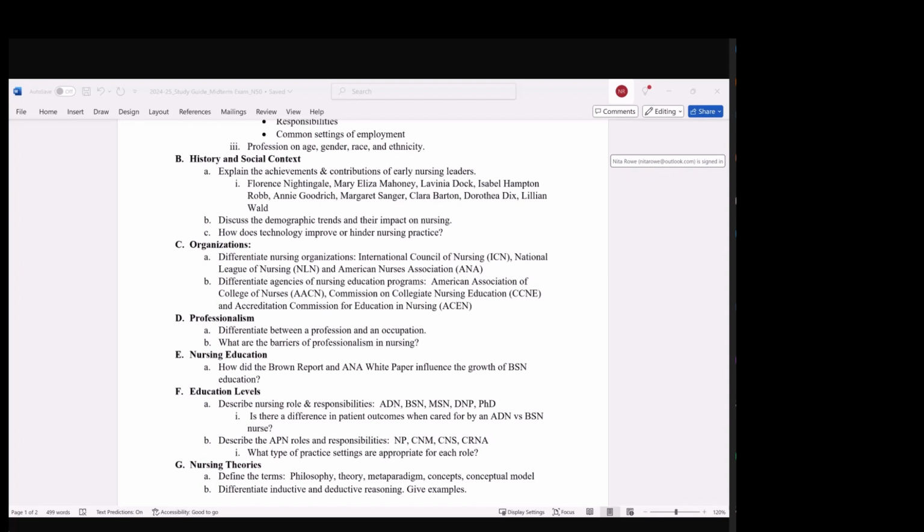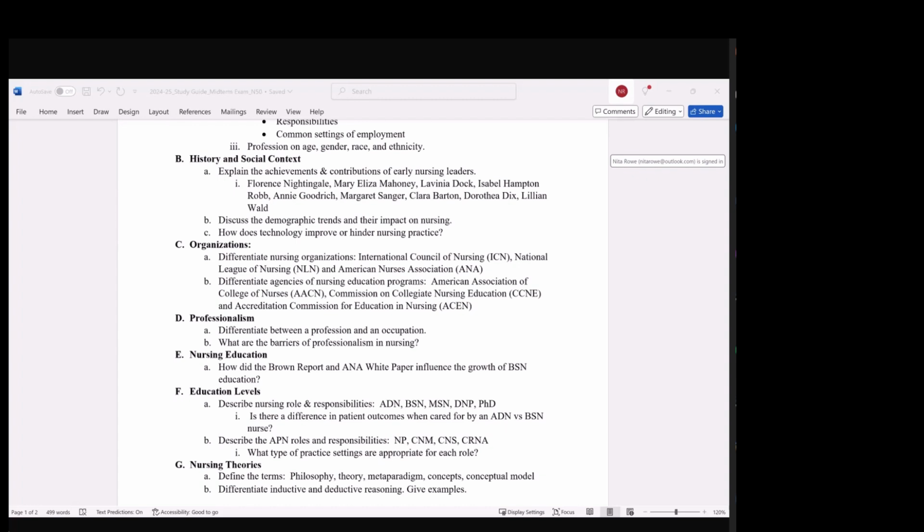Okay, so exactly, Jason, and what you typed was absolutely correct. So again, the Brown report and the ANA really did look at the level of nursing education for entry-level nurses. It is not so much standardizing, but having an agreement that nurses that go into nursing should be at a higher level of education.